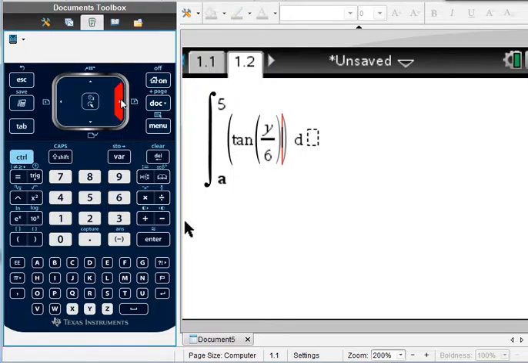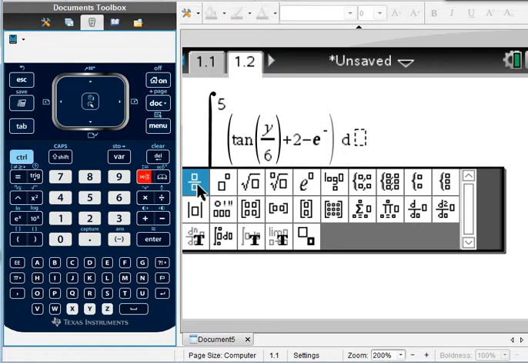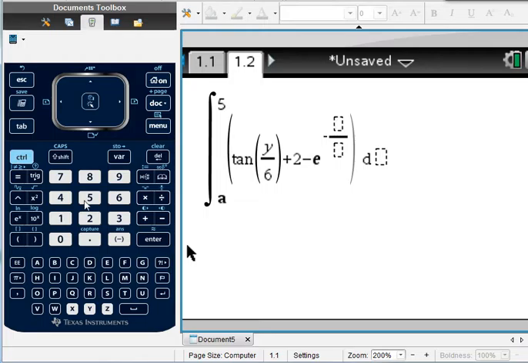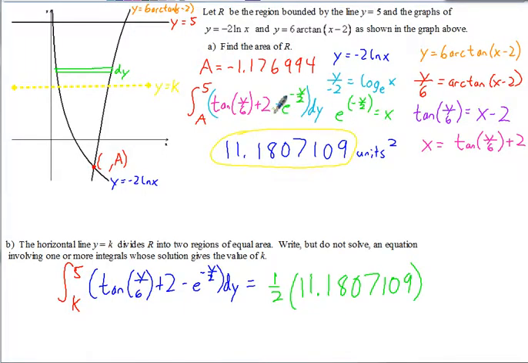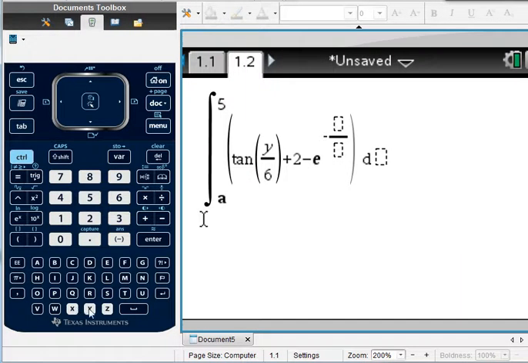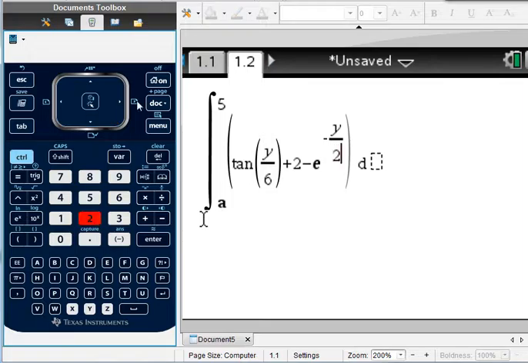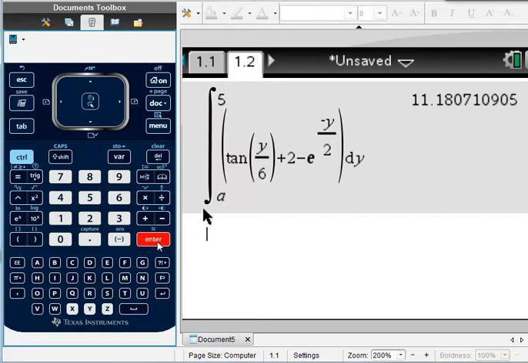You can see we get the same answer on the Inspire.